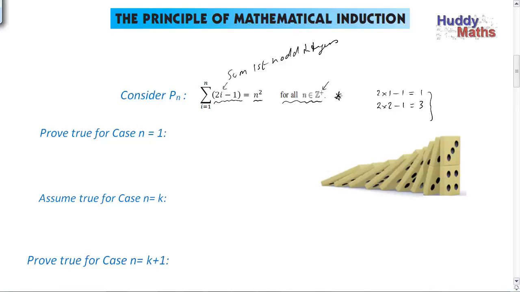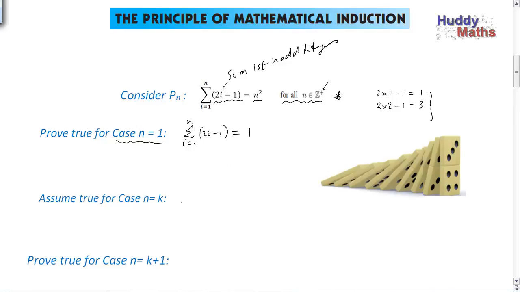What we need to do in this process is have a starting point. So let's start with the first positive integer, n is 1. The sum, i equals 1 to n, of 2i take 1, the left-hand side, is 1.